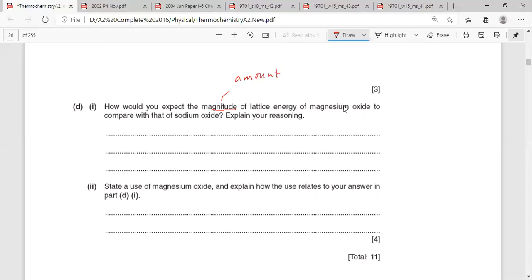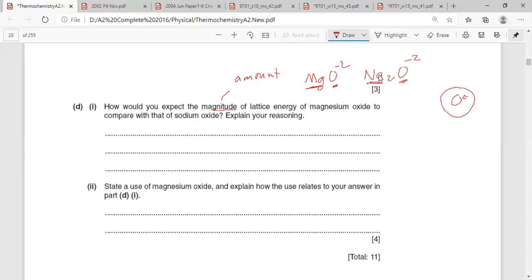of lattice energy of magnesium oxide compared to that of sodium oxide, Na2O. Of course, in this case, you can see what is the same? The oxide is the same. It's 2 minus, 2 minus. Okay, so the size of the oxide ion, O2 minus, is the same for both. What's different, of course, is the Mg, even though Mg and Na are in the same period.